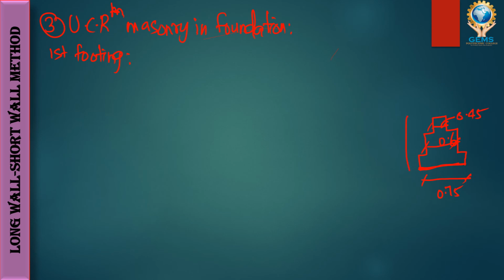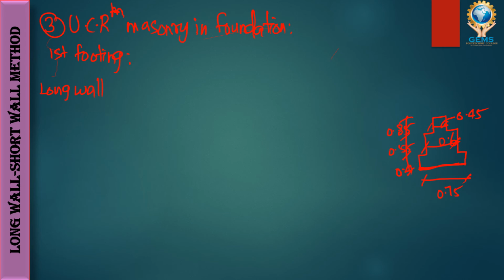Then the height for everything: the first one is 0.4, then for the second footing 0.55, then for the third one 0.85. So these are the breadth and height which are given in the question. So for the first footing, for the long wall we need to find.